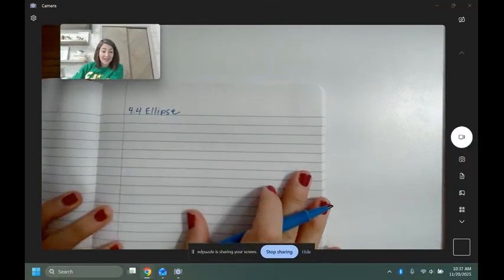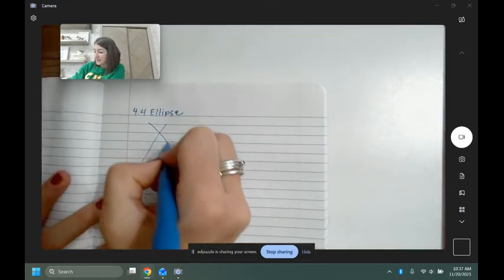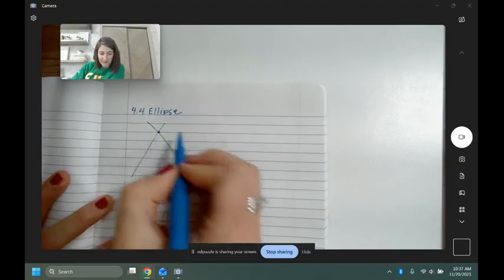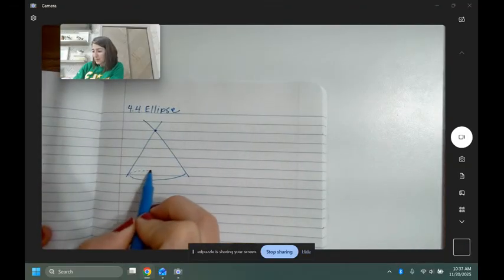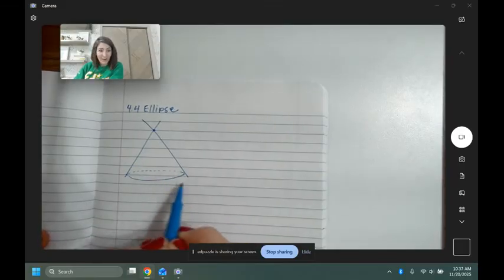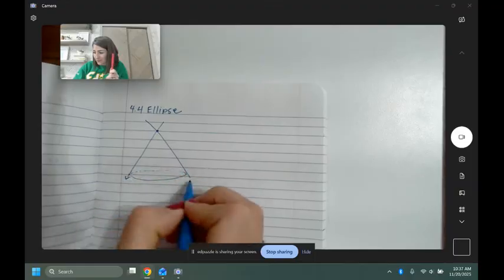So, an ellipse. Now, remember that the ellipse is if a plane were to intersect, and here's my cone, here's my beautiful cone, where that's a circle base, base-ish, because it does go on forever.